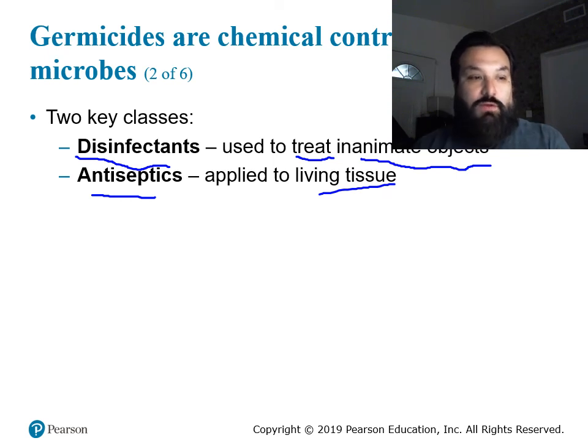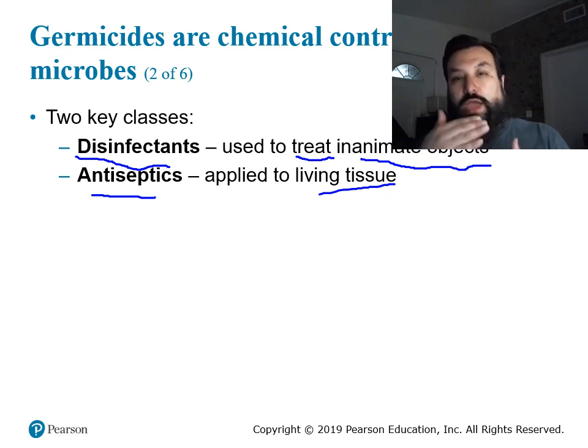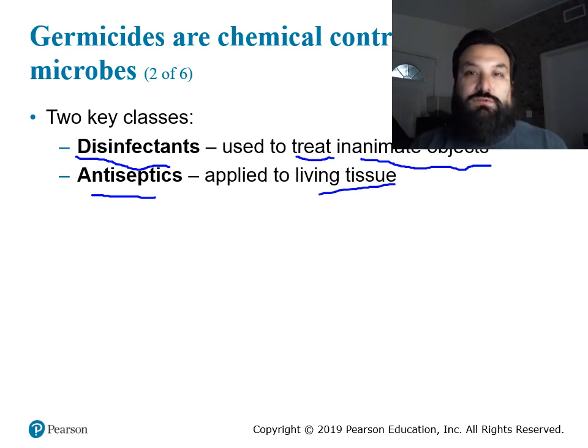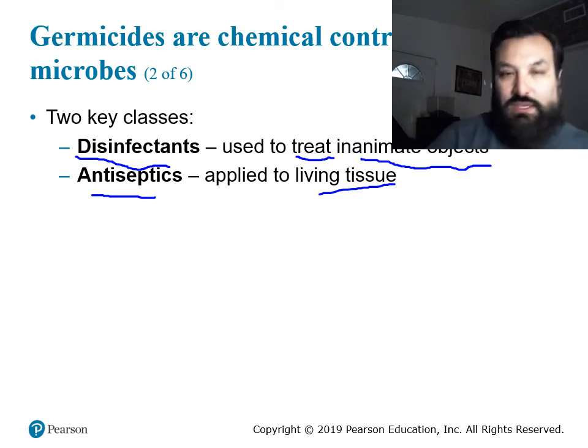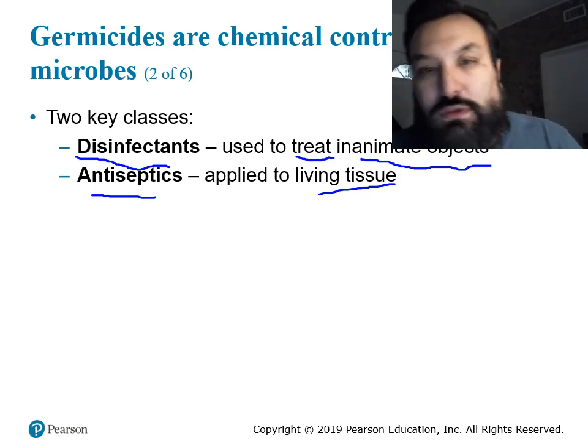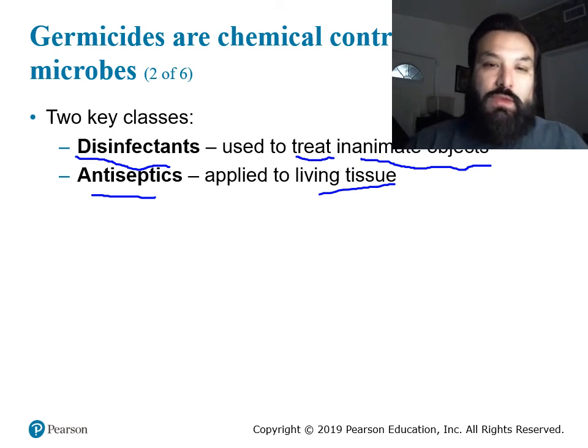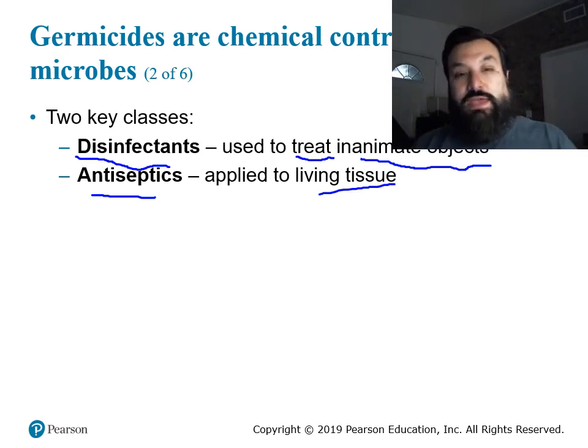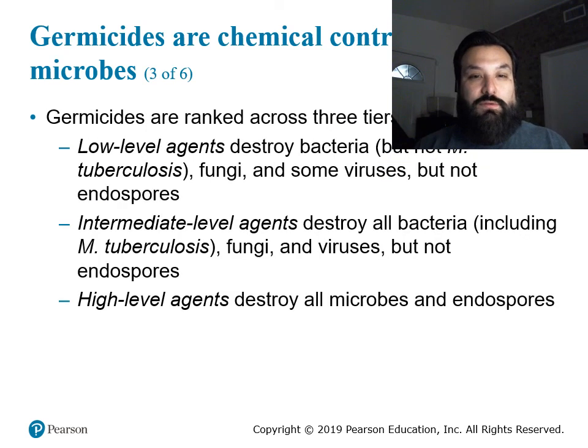You've got to be really careful in using disinfectants on your hands, because right underneath, in the several layers shortly following, is living tissue. So some disinfectants can leach, can leak all the way to the living tissue and cause bad things to happen. And so we would use antiseptics on living tissue, for example, inside the mouth.